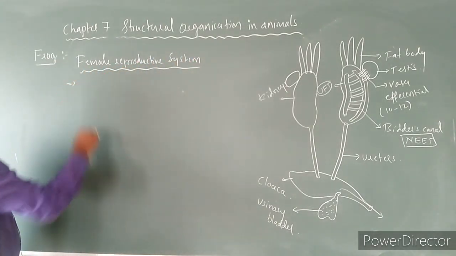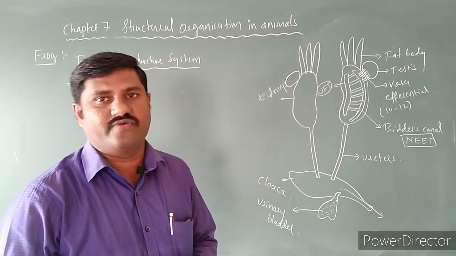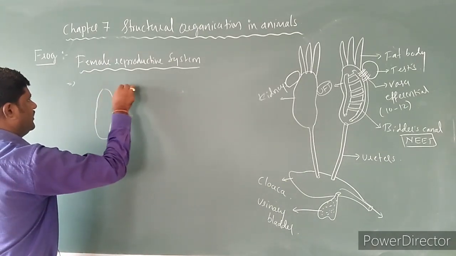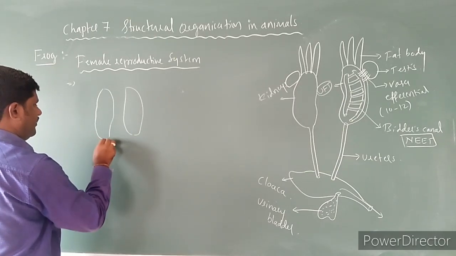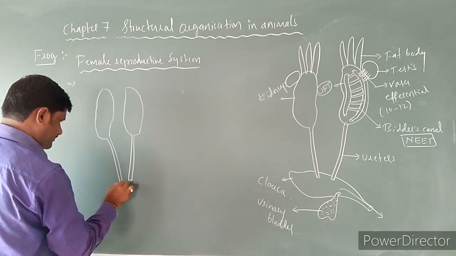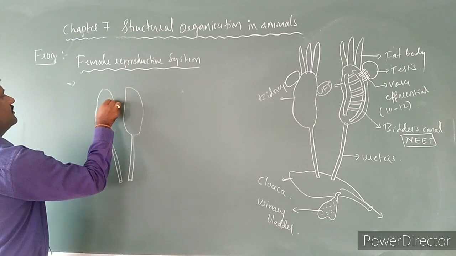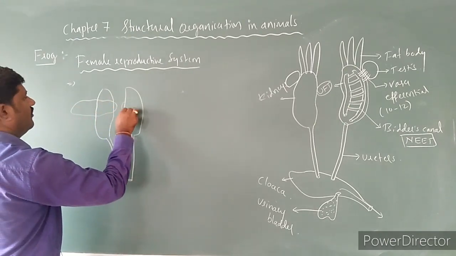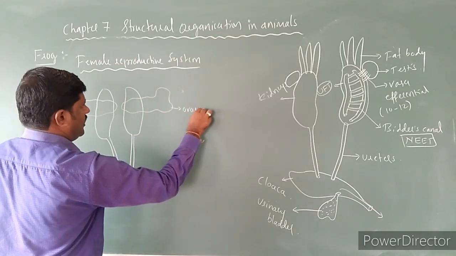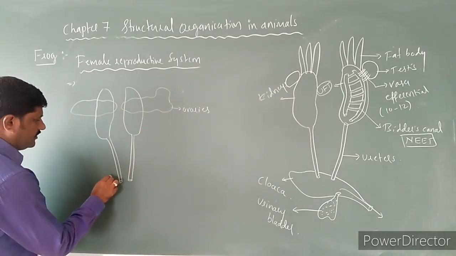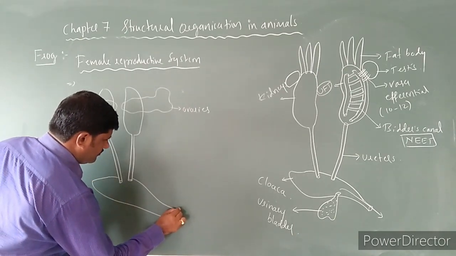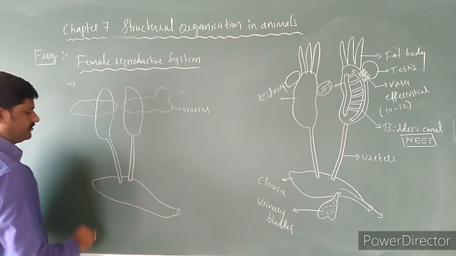The female reproductive system also consists of a pair of ovaries over here, and let us see here a pair of kidneys and a pair of ureters also over here, and a pair of ovaries are present, and these open into a common passage called the cloaca, right?